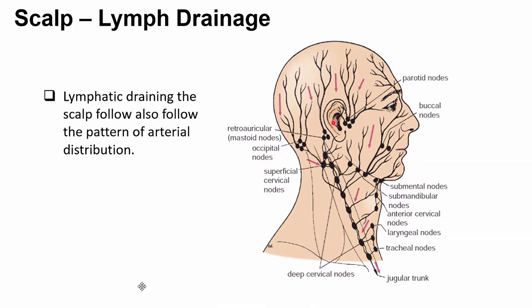So there's a retroauricular, behind the scalp is occipital, and there's also the retroauricular or mastoid nodes behind. And it goes to the cervical nodes. And there's nodes that follow the length of the sternocleidomastoid muscle.